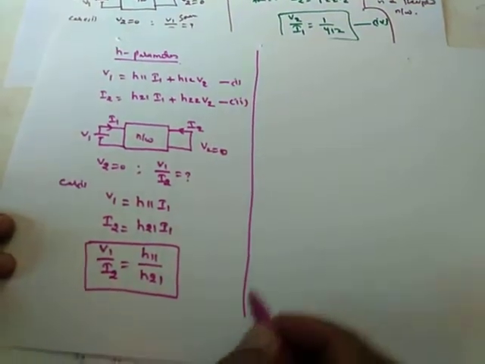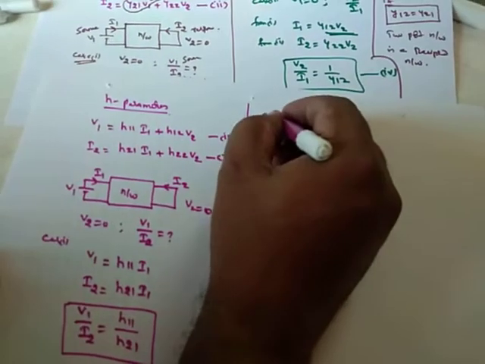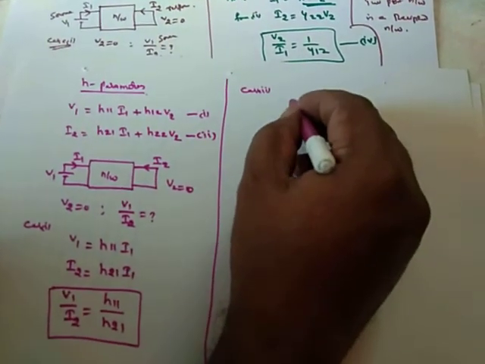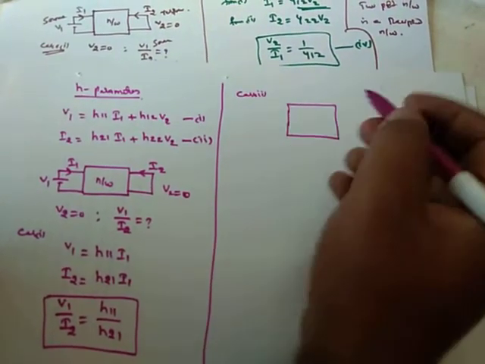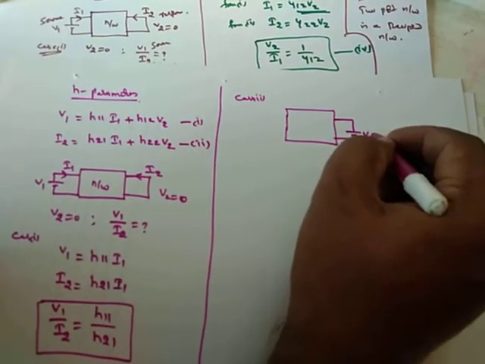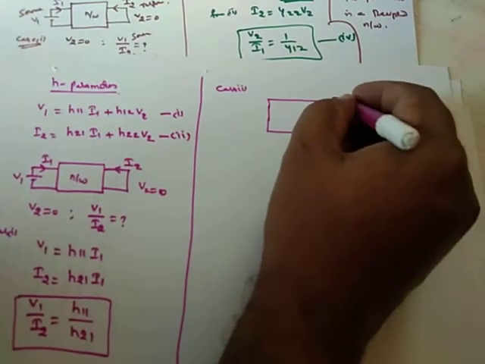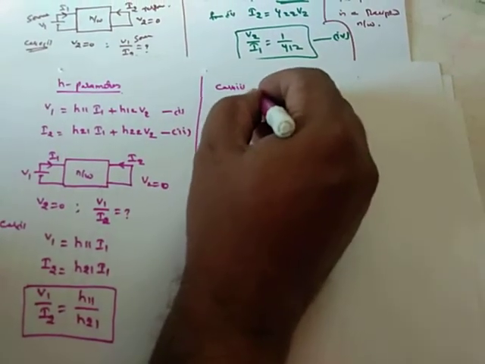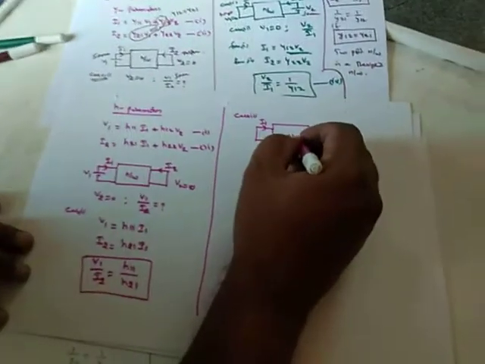Now coming to case 2. Interchange source and response. Now we apply voltage V2 and current I2. Measure current I1. This is the network.